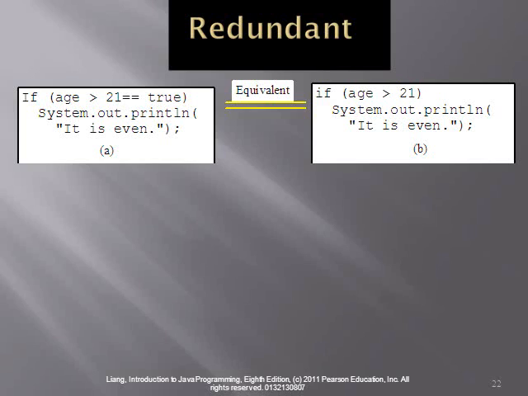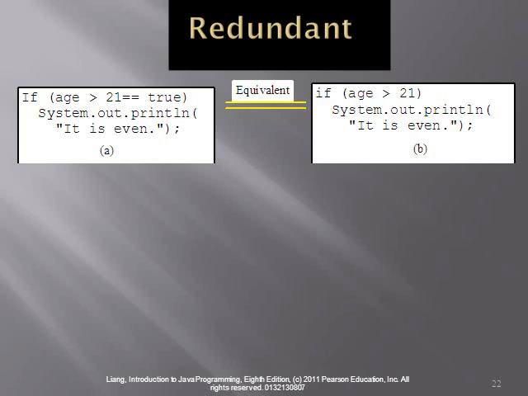Well, another thing to consider with selection statements is being somewhat redundant and showing a lack of an understanding of how the Boolean expressions work. The code in box A on the left there is redundant.